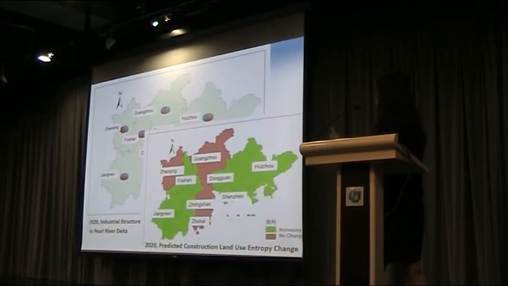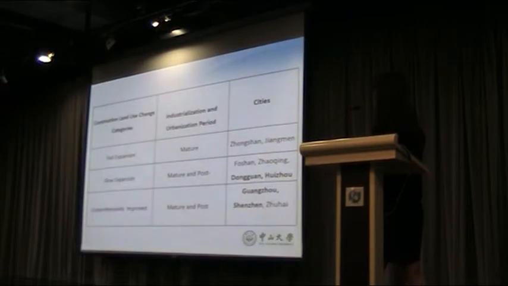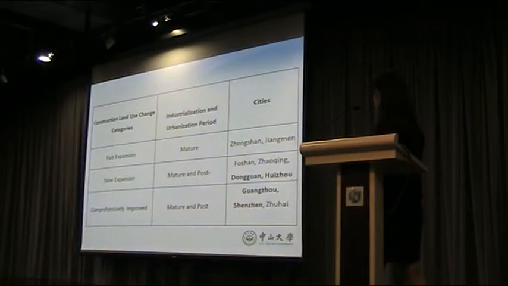So we just combine these two results, the urban diversity and the urban land areas change together. Then we can summarize. So it means that we can see that in Zhongshan or Jiangmen, which is more at the west side of Pearl River Delta, we still expect some massive expansion of the land use.